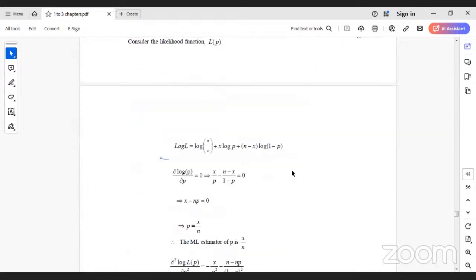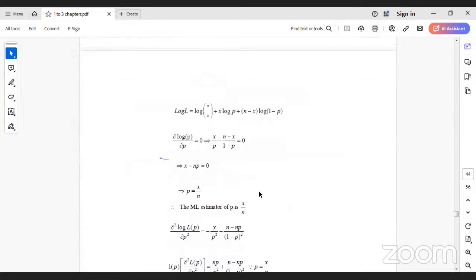Consider the log L(p), which is log nCx plus x log p plus (n minus x) log(1 minus p). So ∂ log L by ∂p, the partial derivative of the first one, is x by p minus (n minus x) by (1 minus p) is equal to 0.